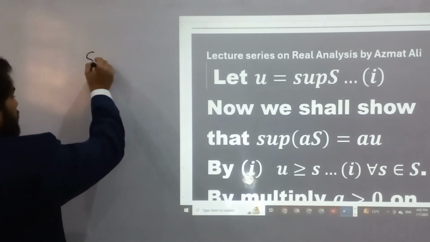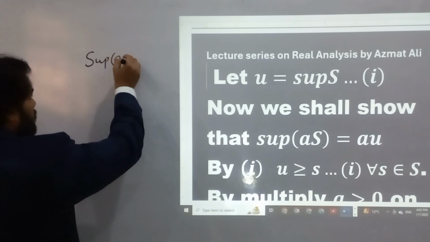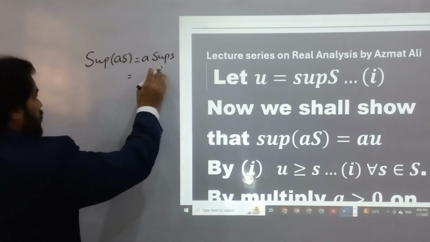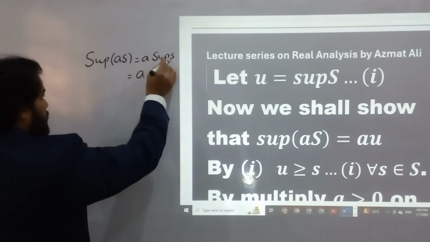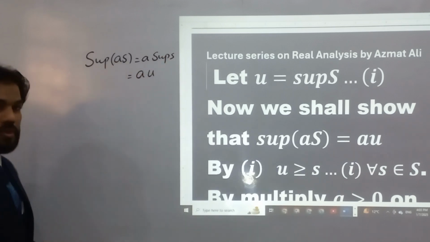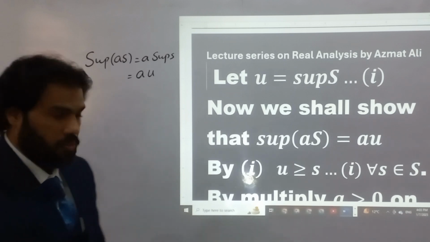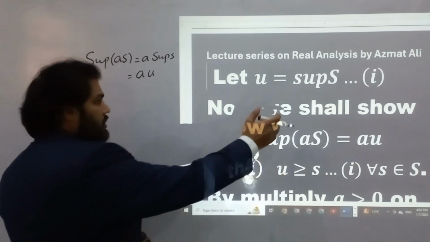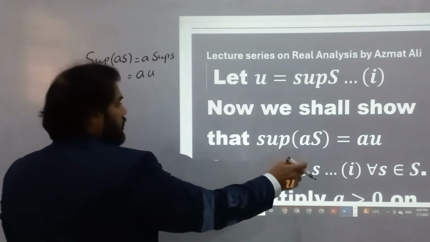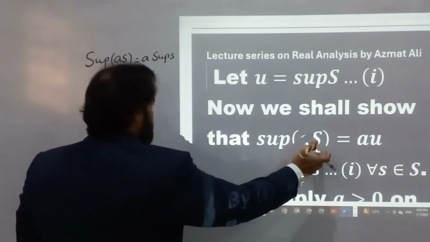Our property says that we have to show supremum of AS is equal to A times supremum of S. We suppose that supremum of S is equal to U. So supremum of AS is equal to AU. This is our target to show. Now what does this expression show?